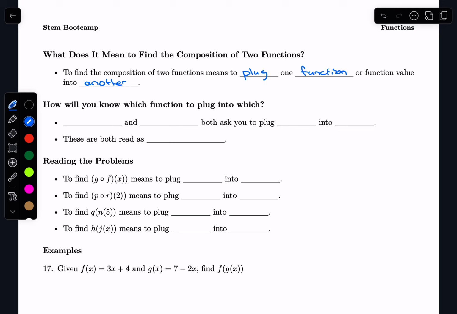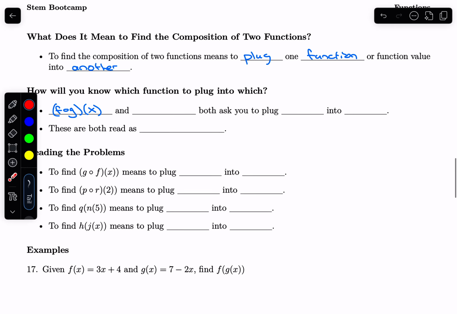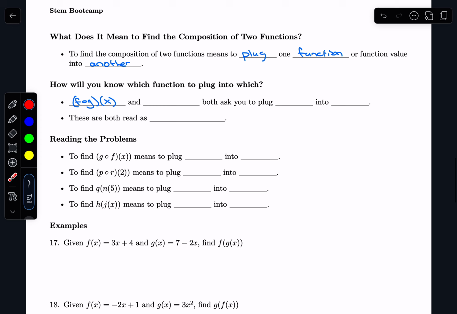So we have the notation f compose g of x, where that circle in the middle there, this symbol right here, is an open circle, not a closed dot like multiplication, open circle. That means composition. But you will pretty much never see me use that symbol.